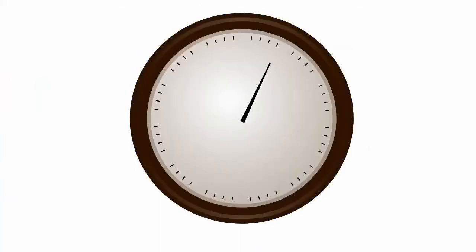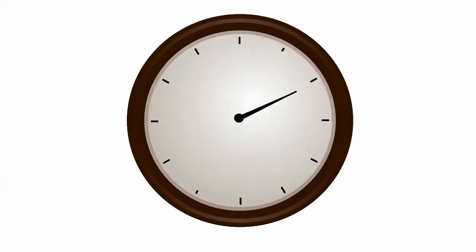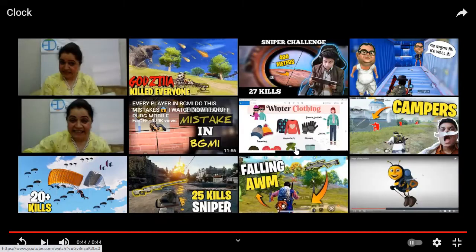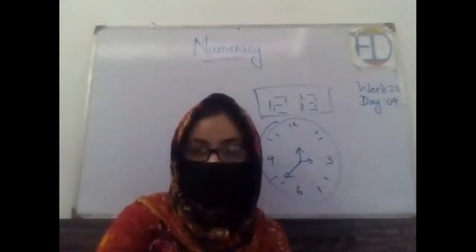This is my minute hand. You see the small lines? They move every minute. And this is my hour hand, and it moves very slowly to reach the bigger line every hour. Okay, so that was a general introduction to what is a clock, right?